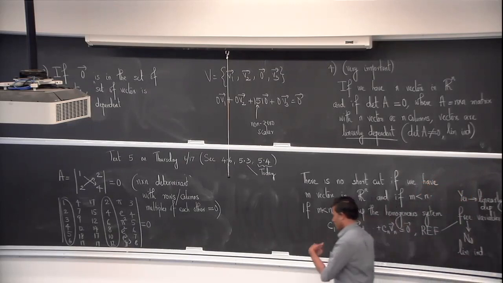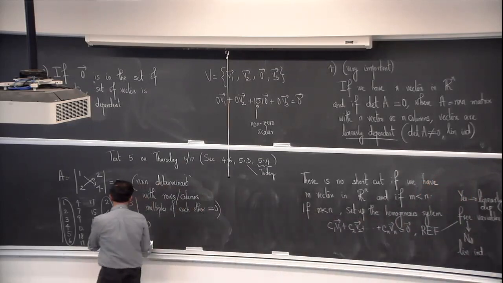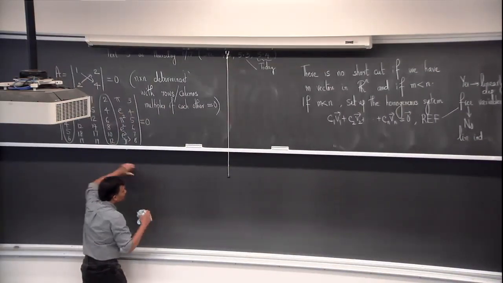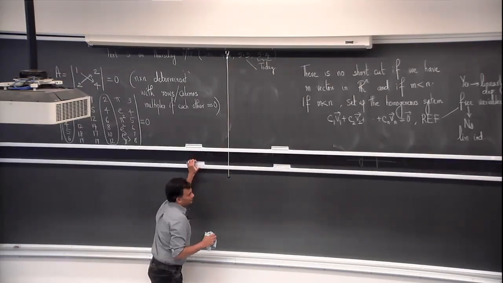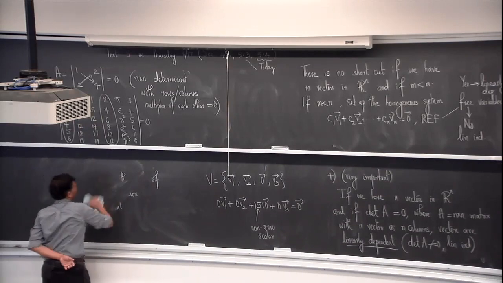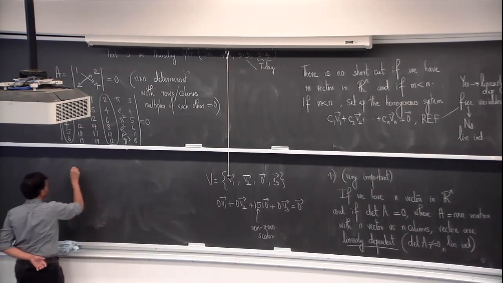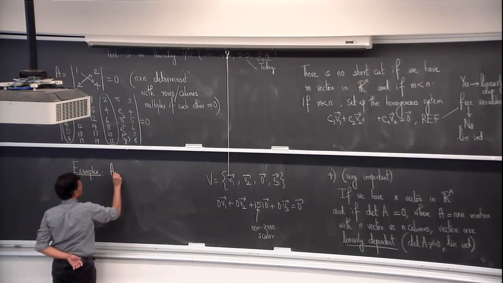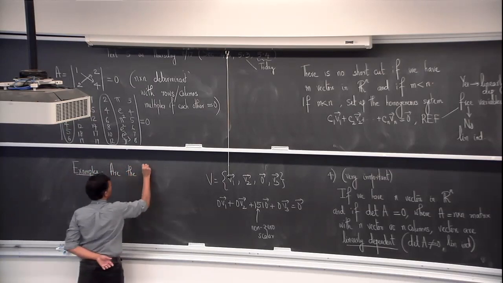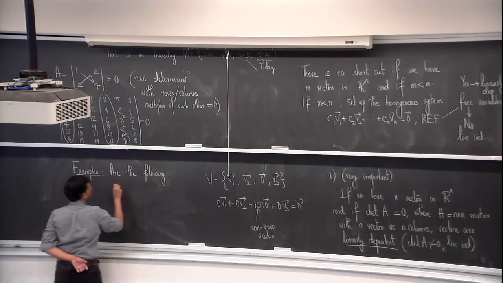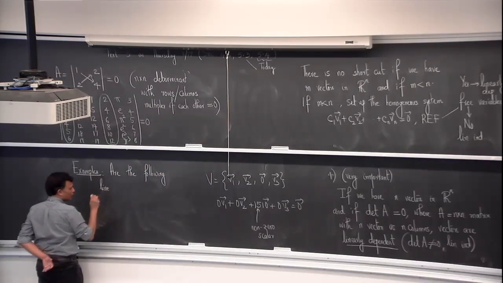Okay, so let's see if you have written your shortcuts correctly. Here are some questions. The question is, are these vectors linearly dependent or independent? For now, just answer that part.